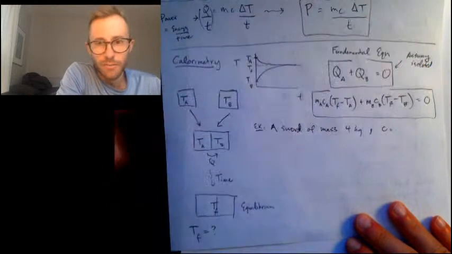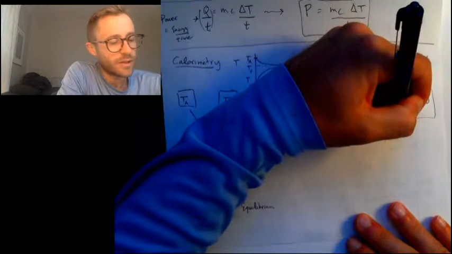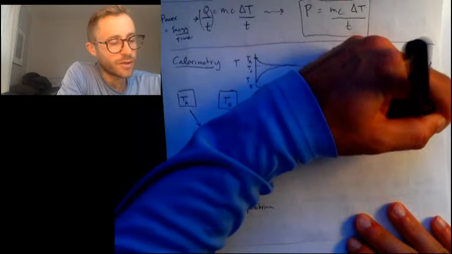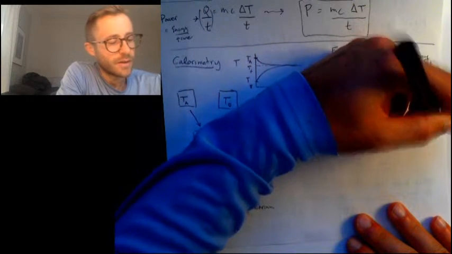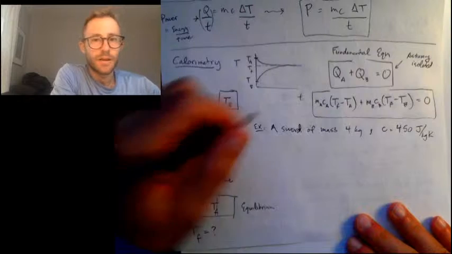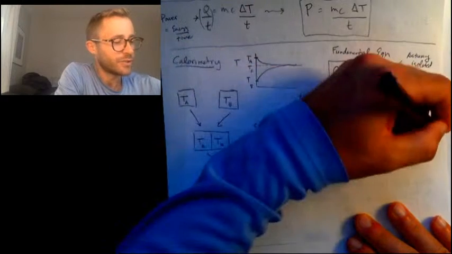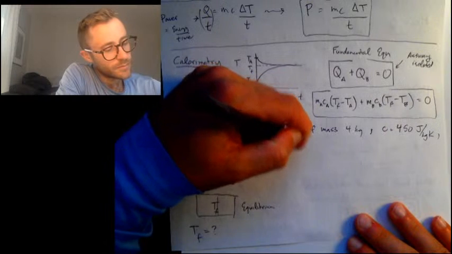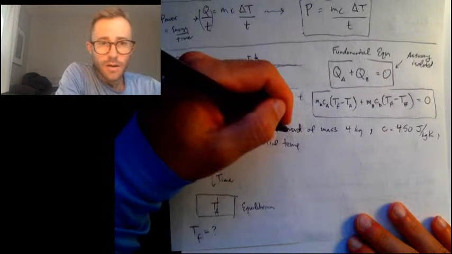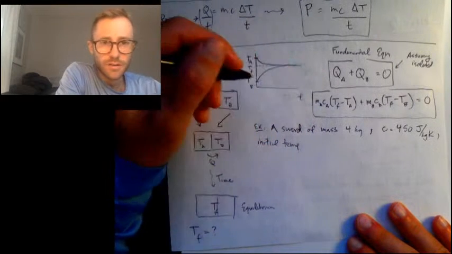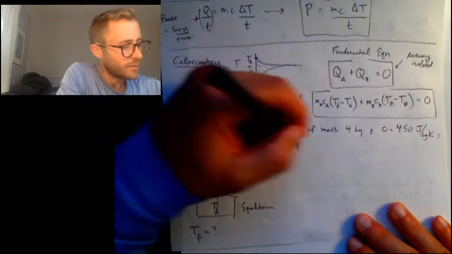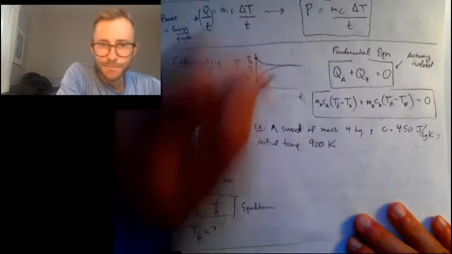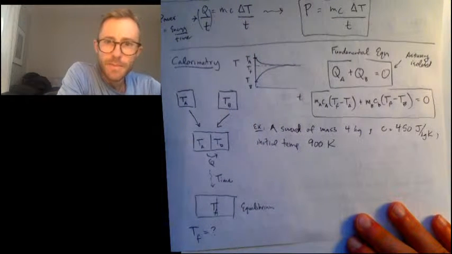Now a sword is made out of metal, so maybe the specific heat capacity is 450 joules per kilogram Kelvin. And it has initial temperature of, let's say, maybe 900 Kelvin. Okay.